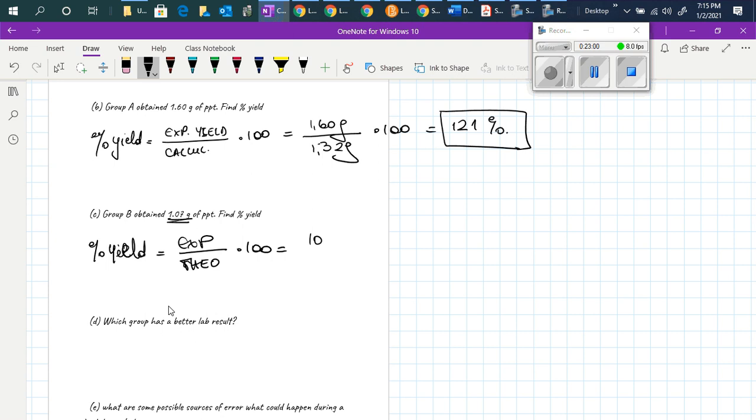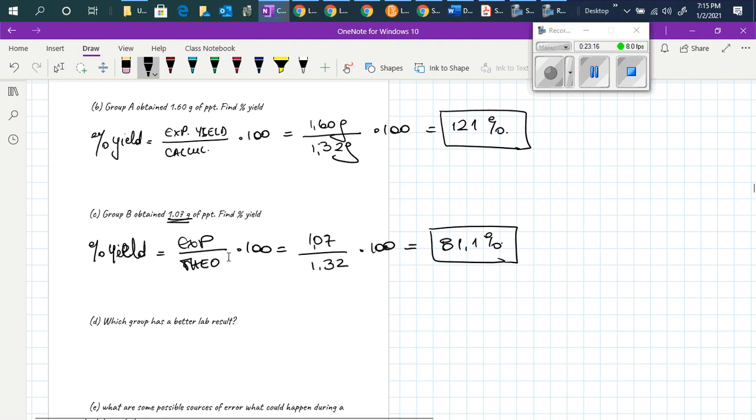So 1.07 over 1.32 times 100 will be 81.1%. So if we're asking which group has the best result, we'll say that it is group B, because you cannot have an experimental value that is greater than 100%.